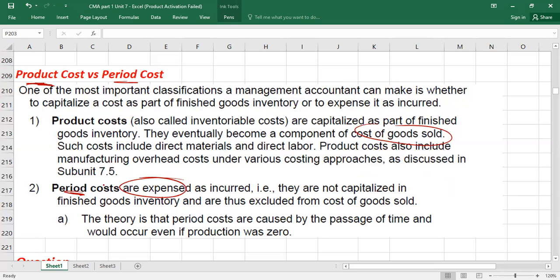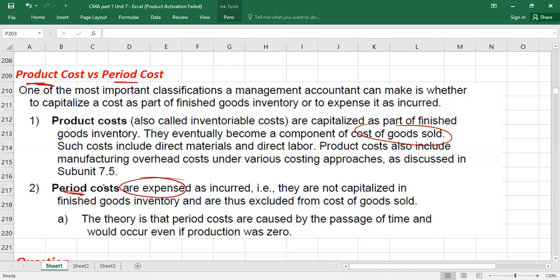And what is the period cost? Period cost means that you are going to record it as an expense, for example marketing expense or administration cost. These we treat as a period cost, because it will not be written under the cost of goods sold section. It will be written below the GP or below the contribution. Right or wrong? So that is why these are called period.